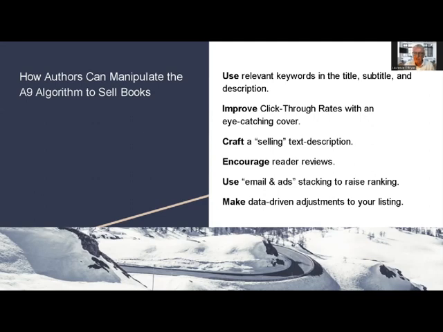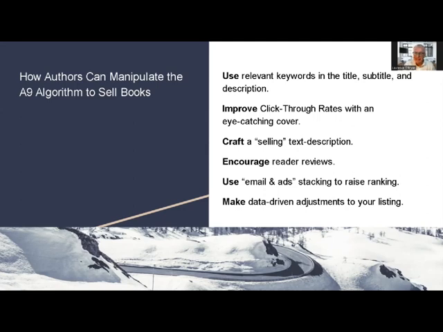We encourage reader reviews. We work with NetGalley.com to put books on NetGalley to make sure books get as many reader reviews as possible. That really helps the algorithm to choose you. We use email and ad stacking to raise ranking. That means putting Amazon ads, Facebook ads, emails from us, emails from someone else, stacking them all on top of each other to make sure your ranking is good so that Amazon believes rightly that your book is selling.